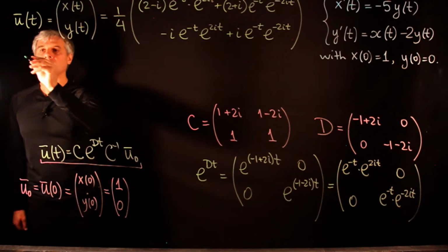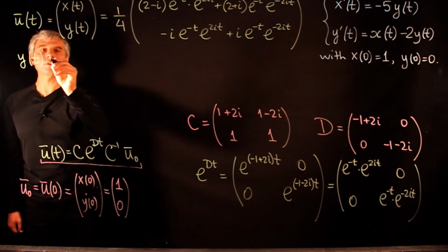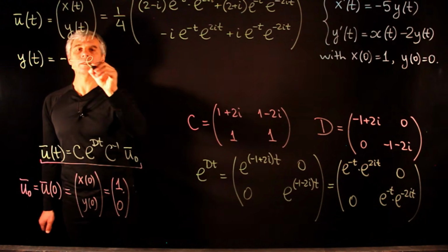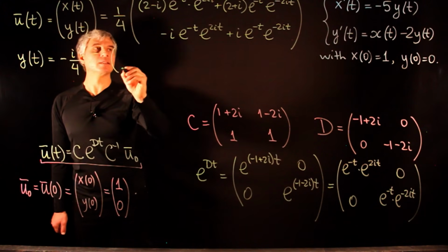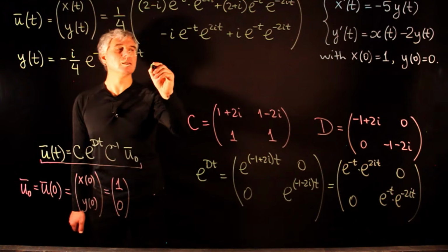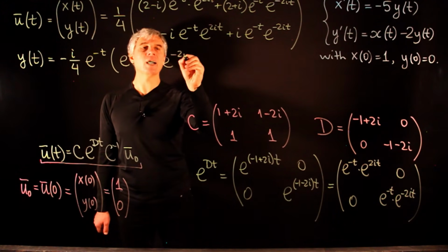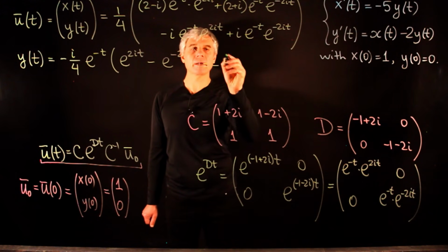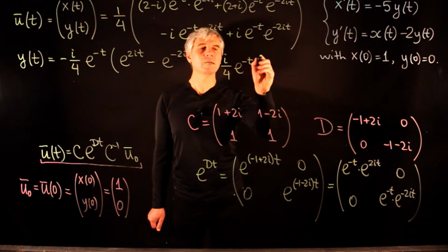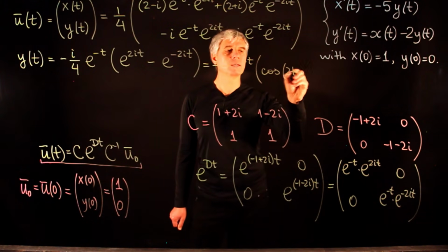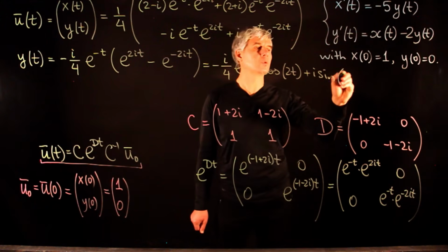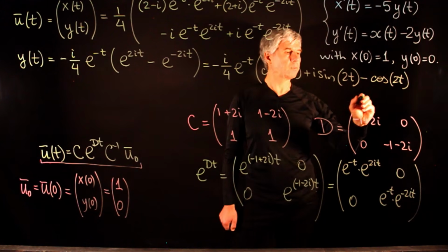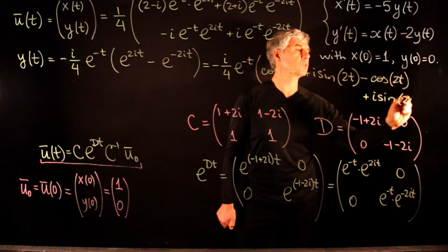Let us look for our expression for y of t, and let's try to simplify it. So here we have minus i over 4 times e to the minus t times e to the 2it minus e to the minus 2it. Here we can apply Euler's formula. So this is minus i over 4 e to the minus t times cos of 2t plus i sine of 2t minus cos of 2t plus i sine of 2t.